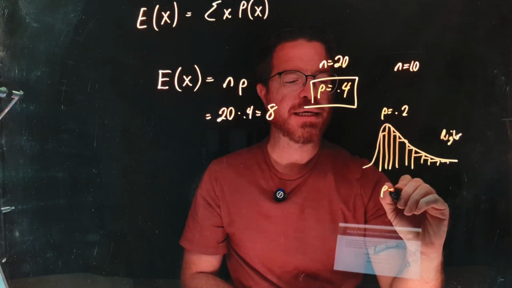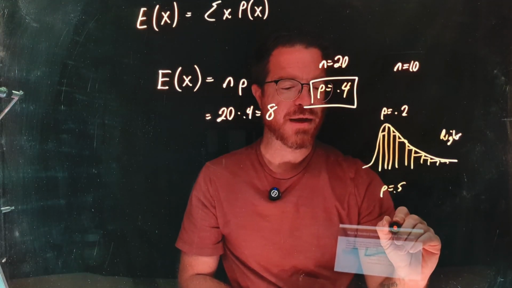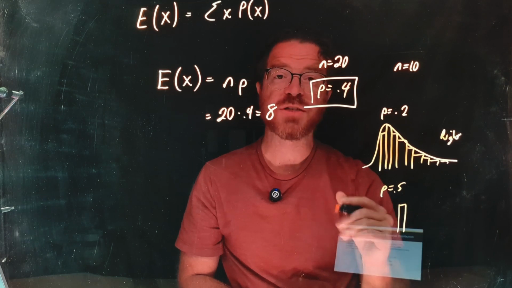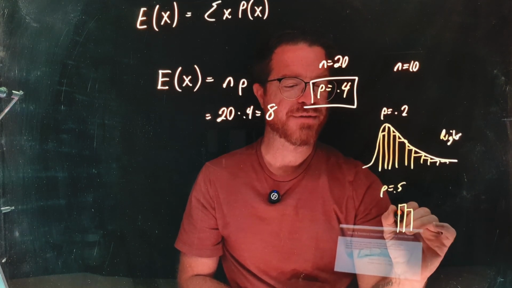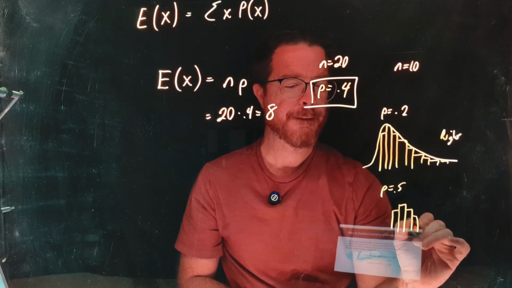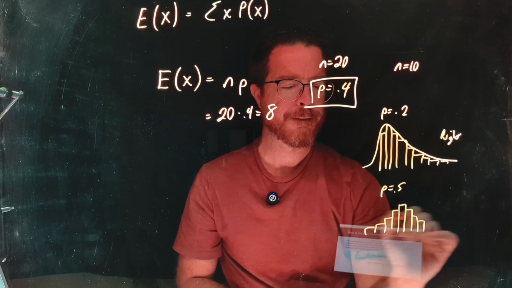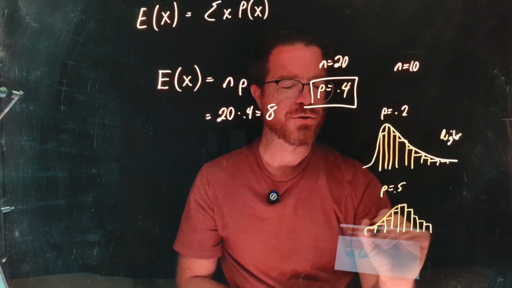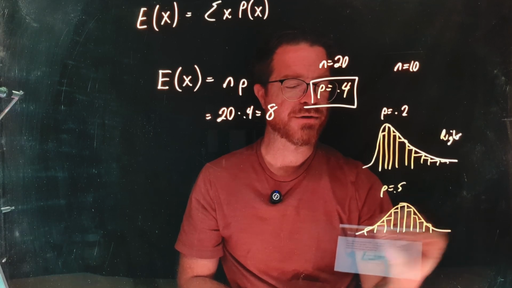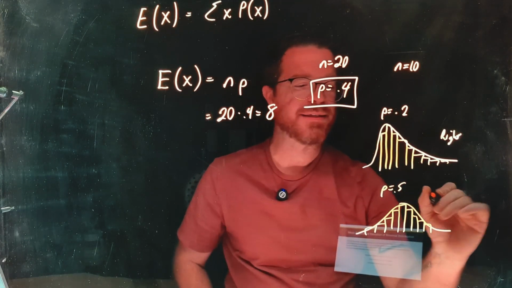If I have a p of 0.5, then I would expect my largest value to be right in the center, and I'm going to have something like this, where if I were to draw my distribution line on top of it, it's going to be nice and symmetric.